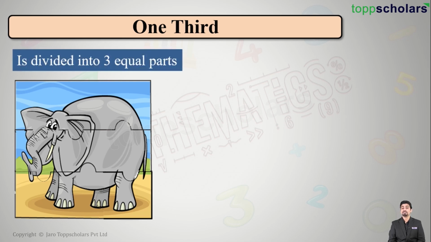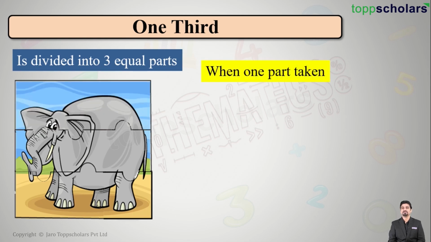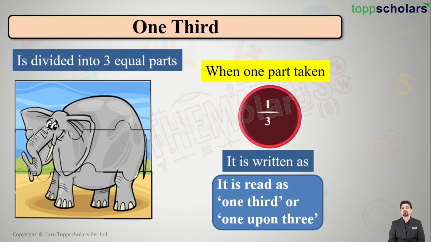This puzzle, which is divided in 3 equal parts, and if one part out of the 3 is taken, how many parts have I taken? 1. Out of how many? 3. So can I say I have taken 1/3 part? Got it, students? One part out of 3 parts is read as 1/3.